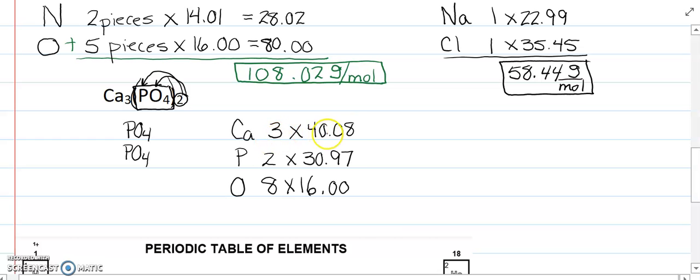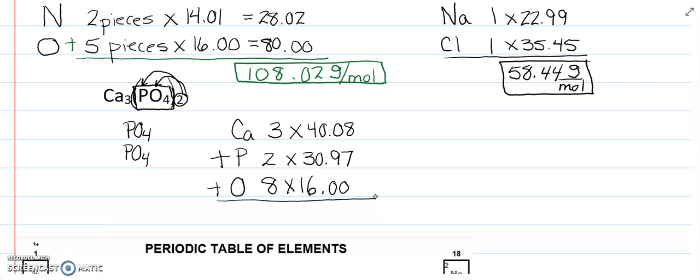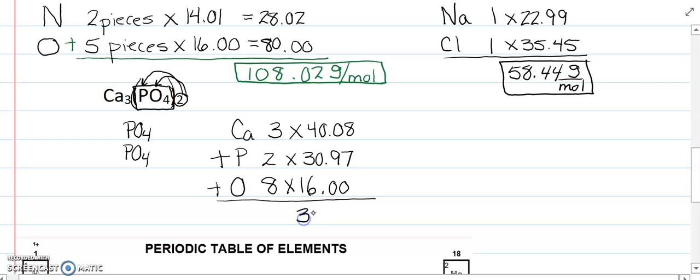I can take 3 times 40.08 plus 2 times 30.97 plus 8 times 16.00 before I hit equals, and my calculator is going to come out with 310.18, and the most important part of this is going to be grams per mole.